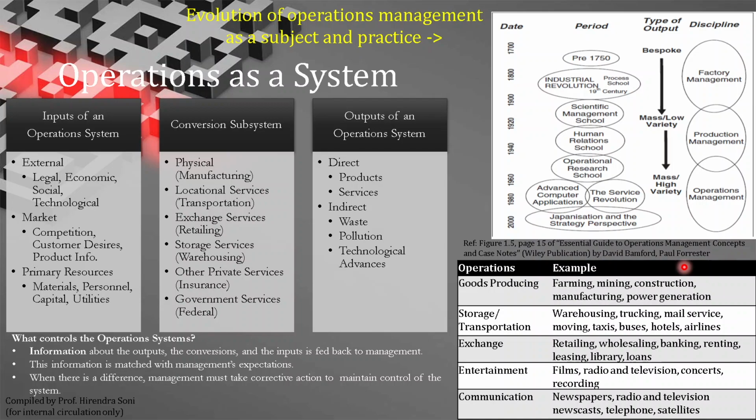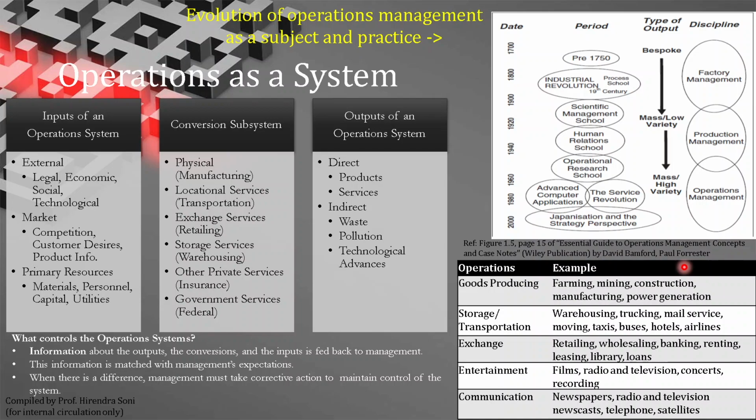The external part of the inputs is basically which are external to the system. That means the legal system, the economic system, the social, and the technological system, which also influence your operations system.